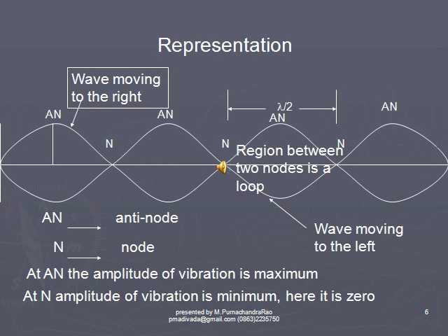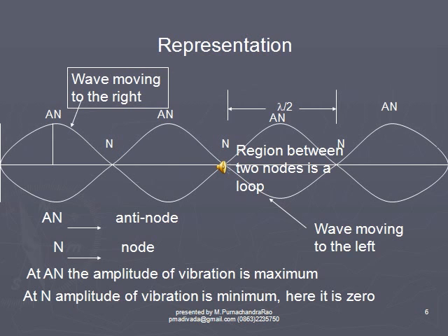Node is the point where the amplitude of vibration is minimum. If the amplitudes of the two waves are equal, then the amplitude of vibration at the node is 0. The region between two nodes is called a loop.